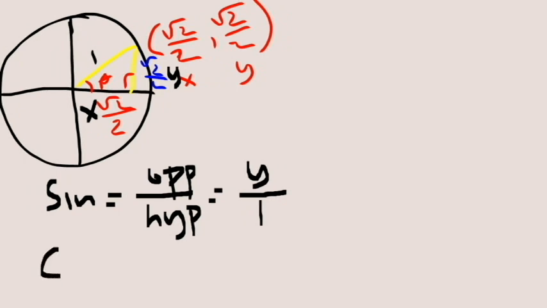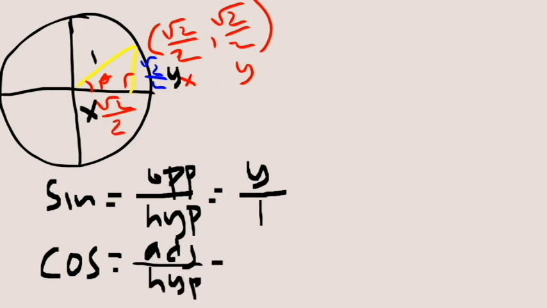And for cosine, what is cosine? It is adjacent over hypotenuse, or equal to x, the adjacent, and the radius 1, or the hypotenuse.